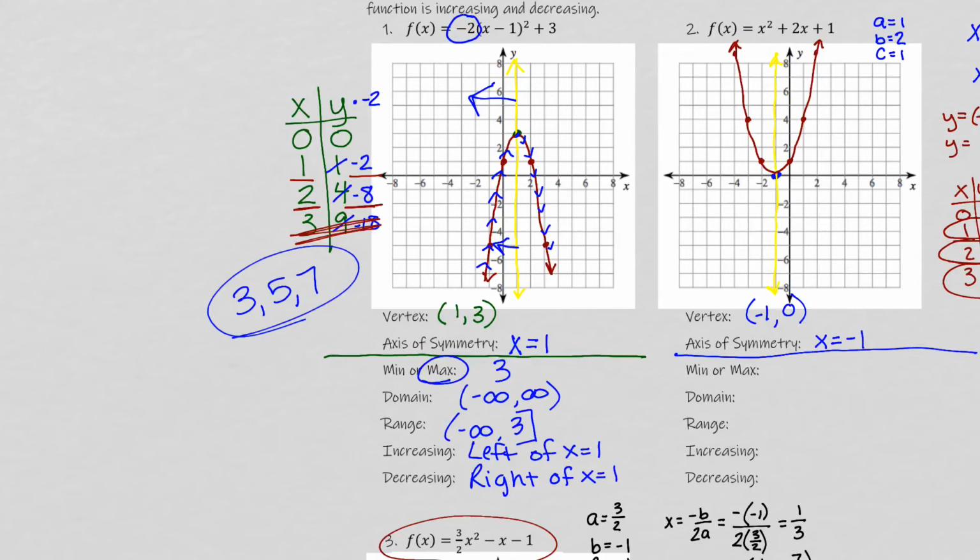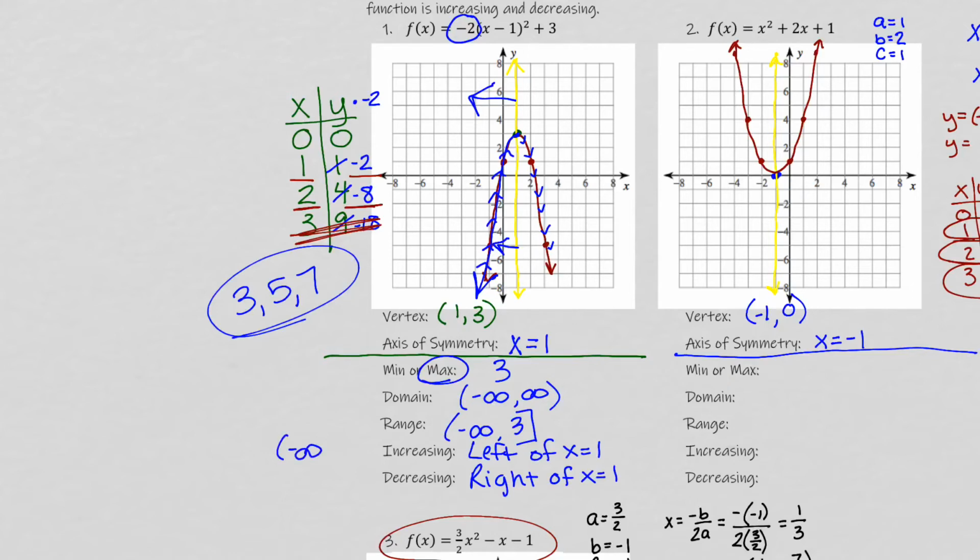On the ACT and things like that, you'll see the increasing and decreasing as interval notation, just like we wrote domain and range. I wish I didn't draw all those arrows on there, but I did. Sorry. If I wrote this as increasing, it's coming from the left, so it's coming from negative infinity.